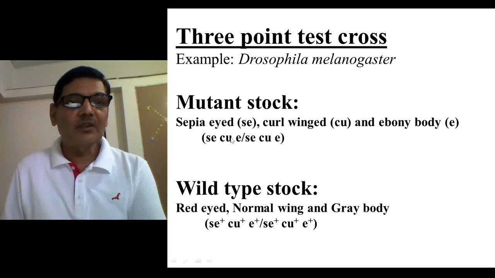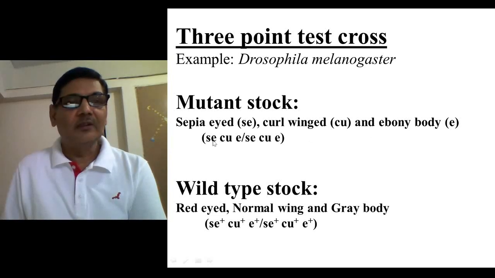So genotype wise, those flies whose genotype will be sc, cu and e, and sc, cu and e means on both homologous chromosomes exactly the recessive alleles are there, then such a fly will be showing sepia eye color, curled wing and ebony body color.